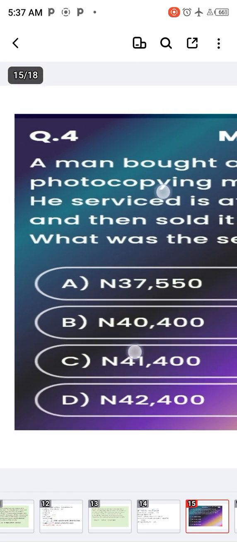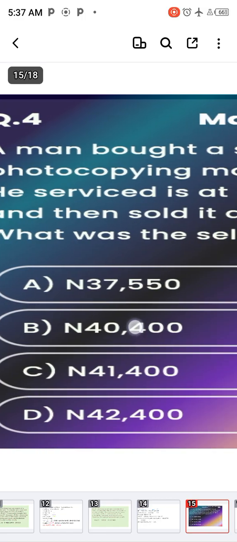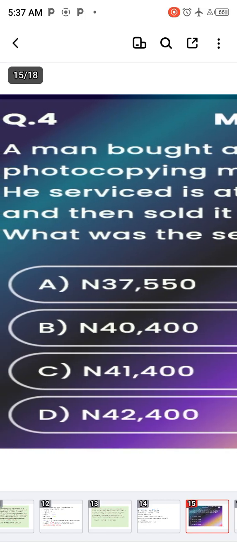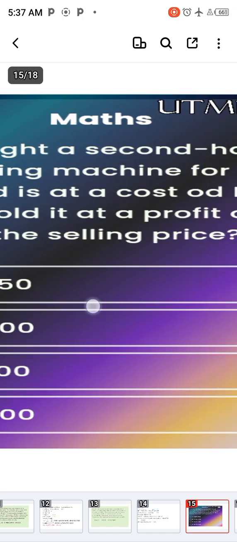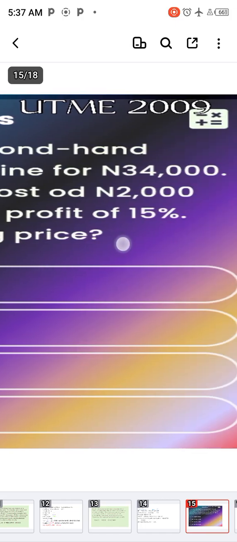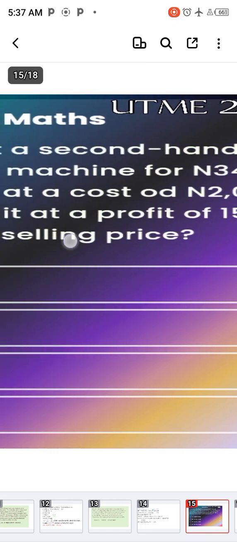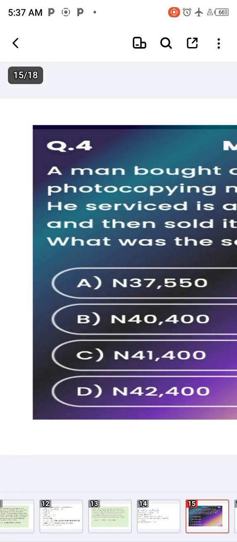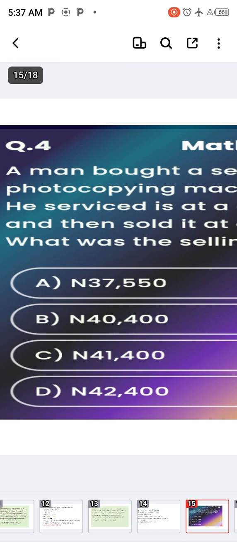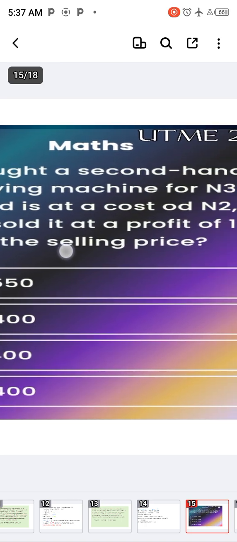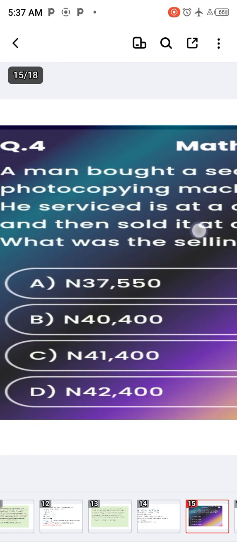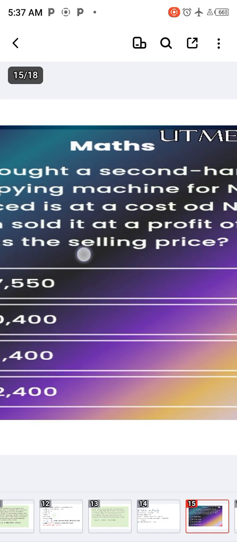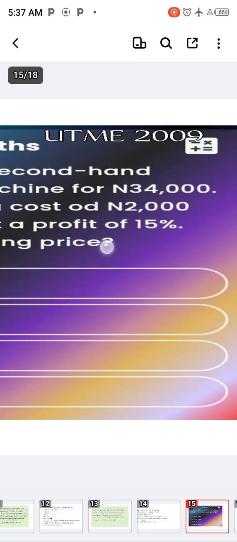Now, this question is taken from 2009 question 4. It says, a man bought a second-hand photocopying machine for 34,000.